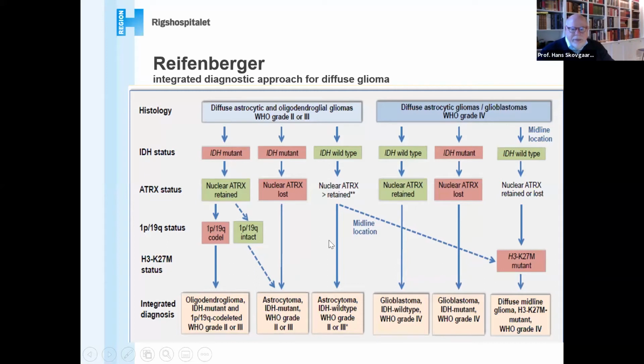But just to sum up, some molecular features are important when you characterize the tumors, because it will have some treatment consequences.